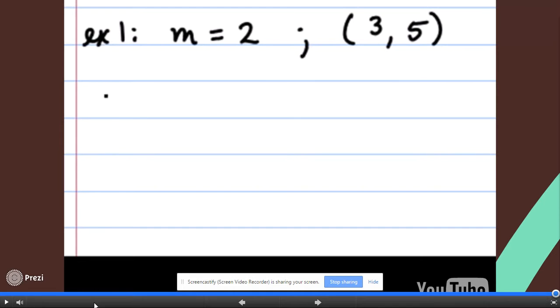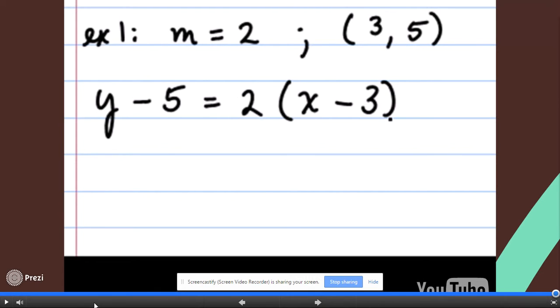That gives us y minus 5, the y coordinate of our point, equals the slope of 2 times x minus our x coordinate, which is 3.